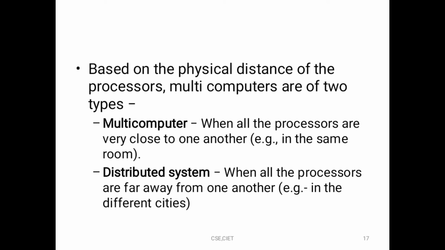When all the processors are very close to one another, for example in the same room, that is known as a multi-computer. In a distributed system, the processors are far away from one another, for example in different cities. Those systems we call distributed systems. So there, these MIMD computers will be used.